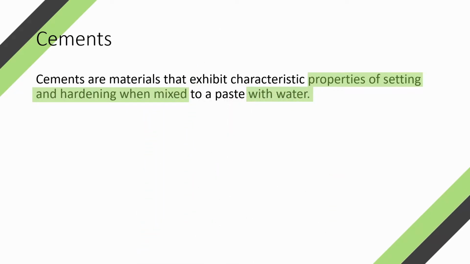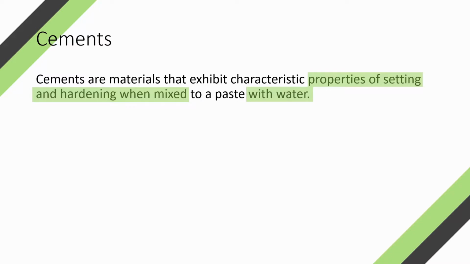So cements are materials that exhibit characteristic properties of setting and hardening when mixed to a paste with water. So yung property na setting and hardening, kailangan niya ng tubig para mag-react siya, para mag-occur yung ganyang property ng ating cement.